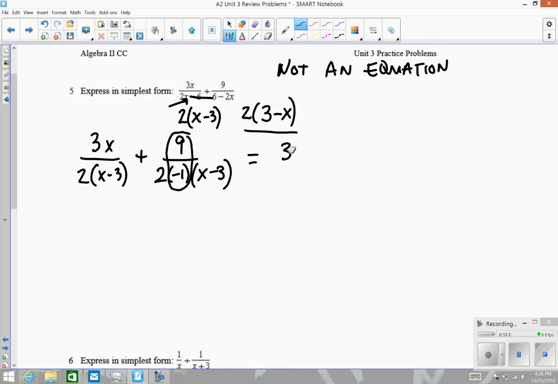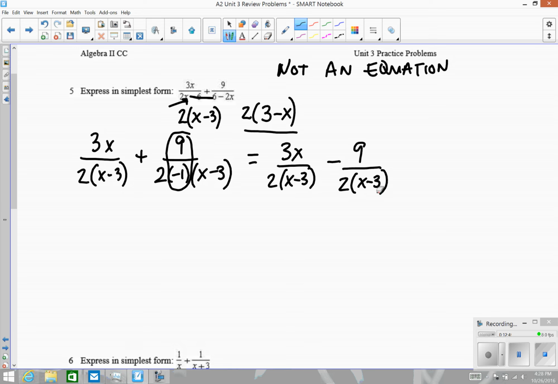Keep my same first fraction, 3x over 2 times x minus 3, and change my 9 over -1 to be a -9. So now instead of adding a 9, I'm really subtracting 9. And I have left in my denominator 2 times x minus 3. Now I have common denominators.